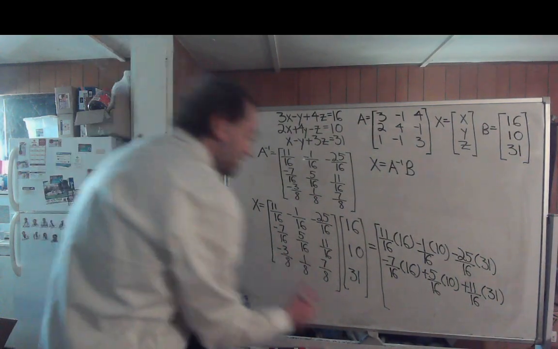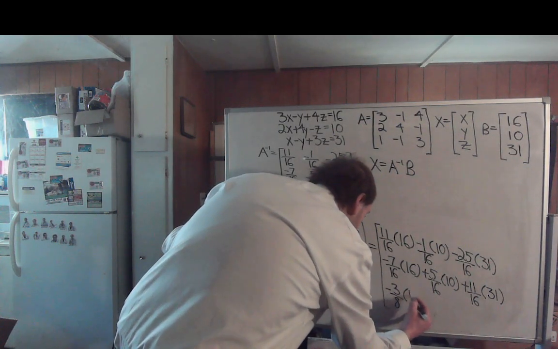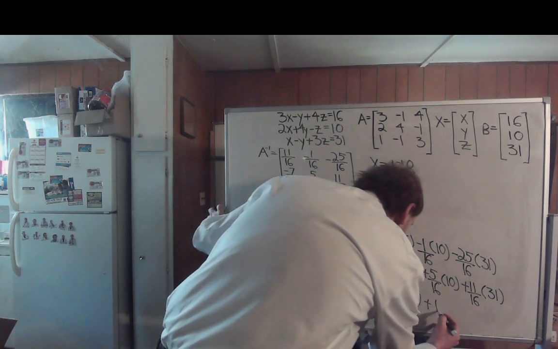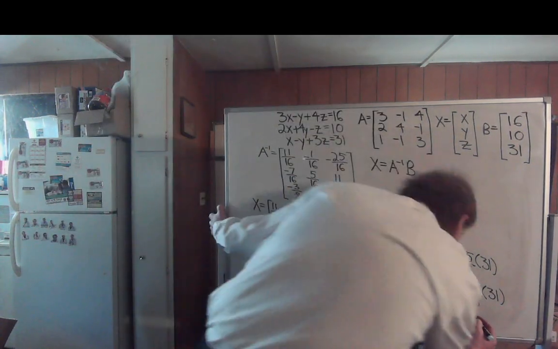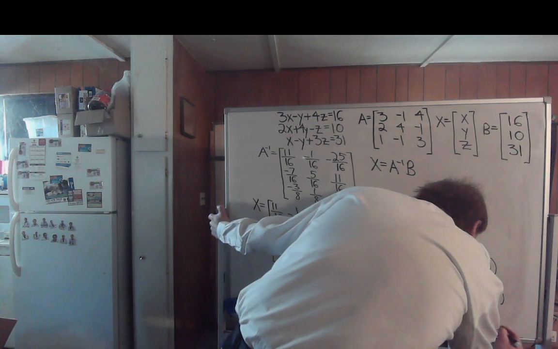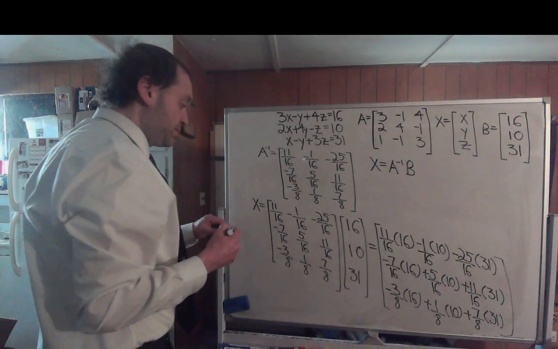And then we still have the third row. You'll take negative 3/8 times 16 plus 1/8 times 10 plus 7/8 times 31. So, yowzer, that's a long one.